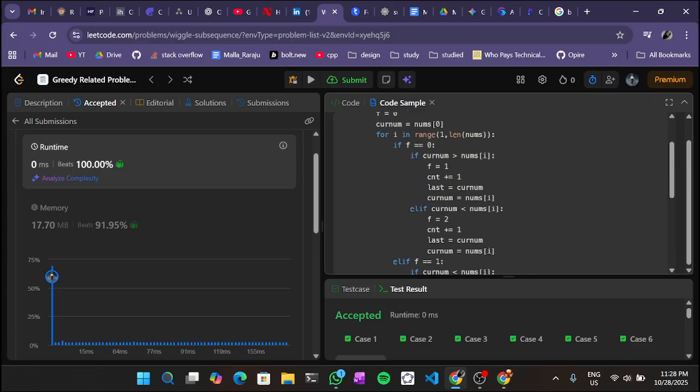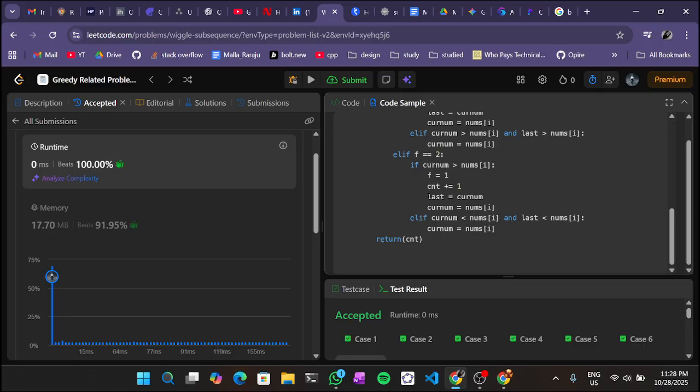Or if the first difference is negative and the second difference is positive, it's fine, we are incrementing the count. But if it is not, then we are just updating it and finally we are returning the count.